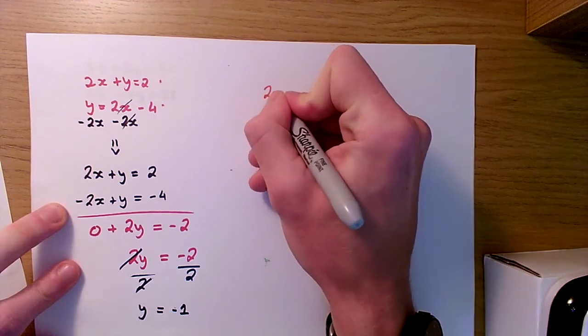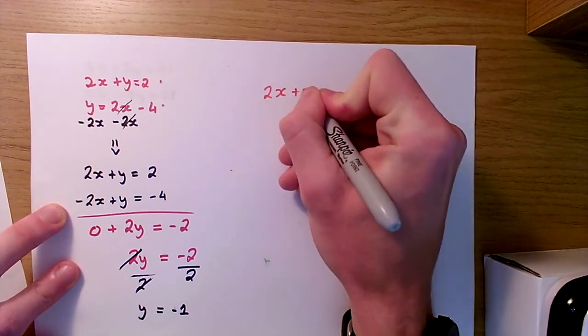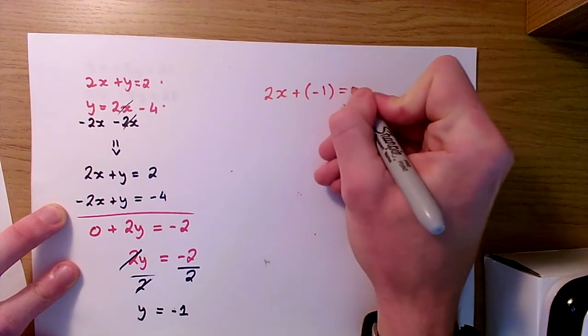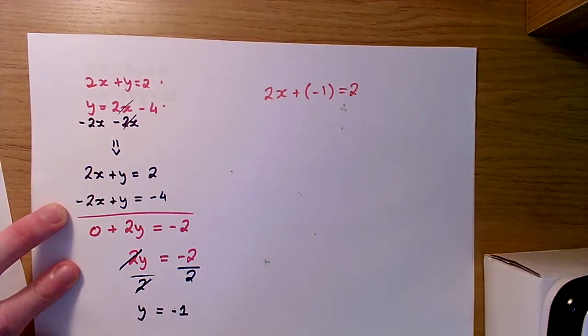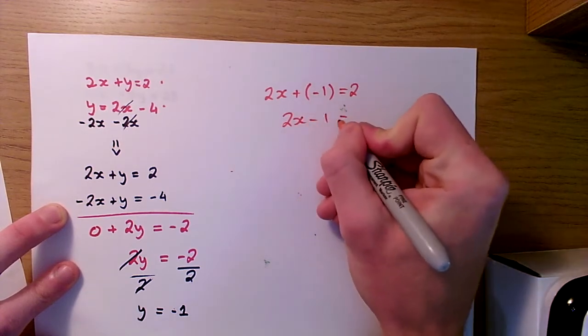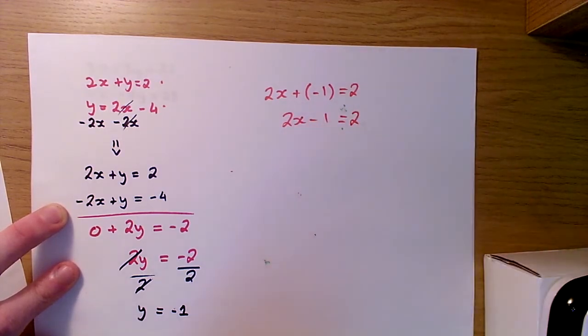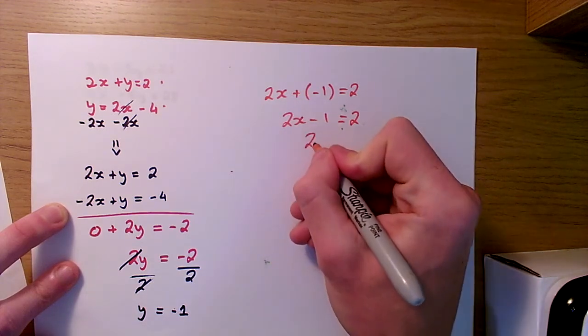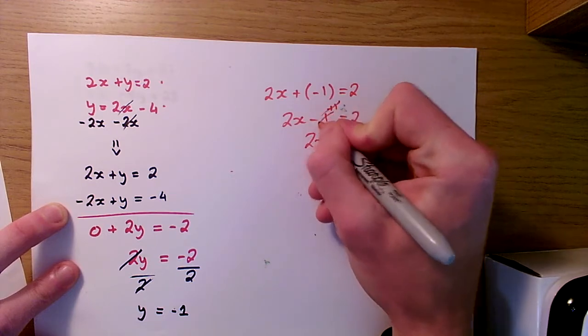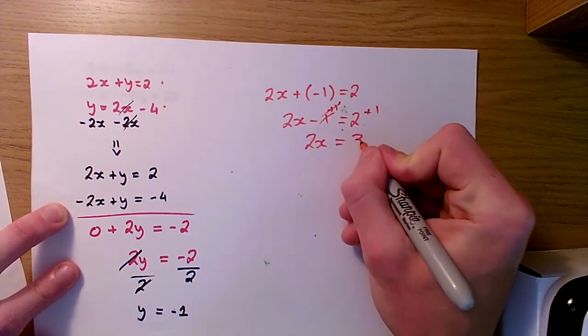So what that gives us is 2x plus, now it's no longer y, it's just minus 1, is equal to 2. So 2x minus 1 is equal to 2. Let's add 1 to both sides so we can get just the 2x on its own. If I add 1 here, it cancels, add 1 here, it becomes 3.